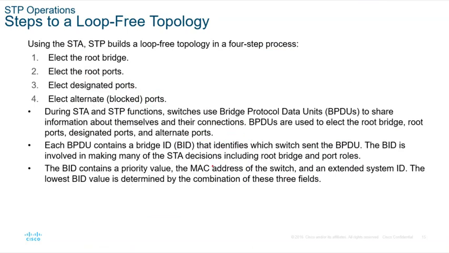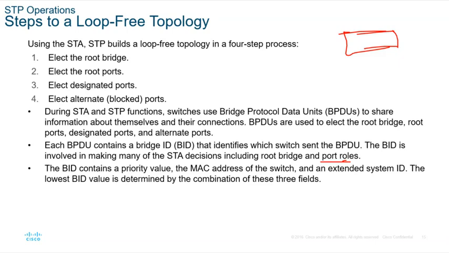Each BPDU contains this, and it is involved in, as you can see, root bridge and port role, sorry, not root role. So the bridge ID is just a container.